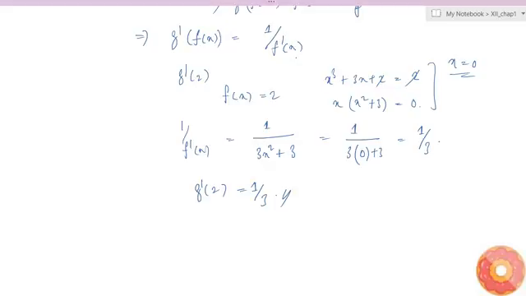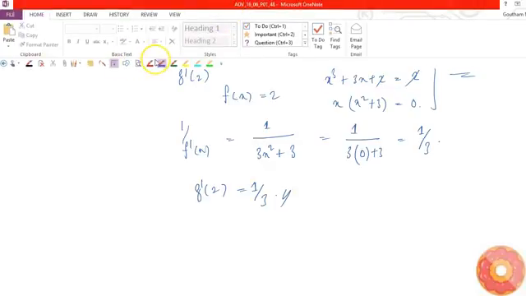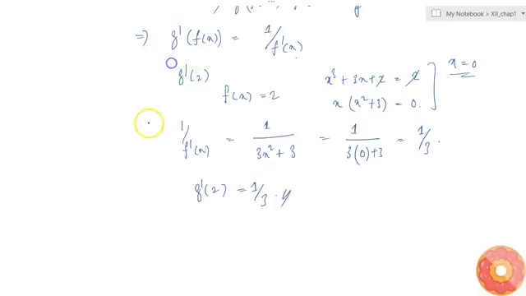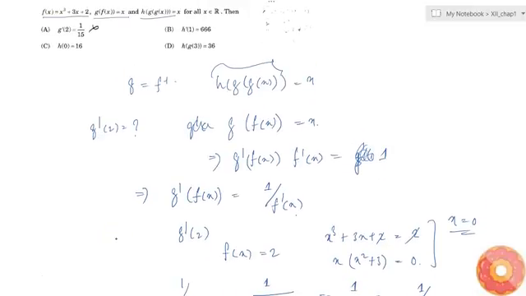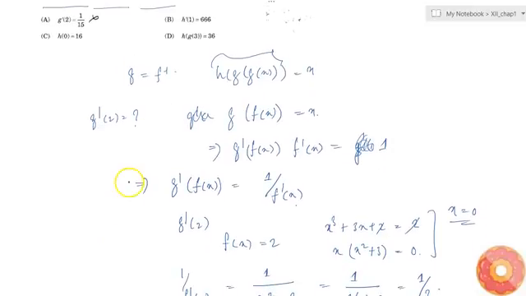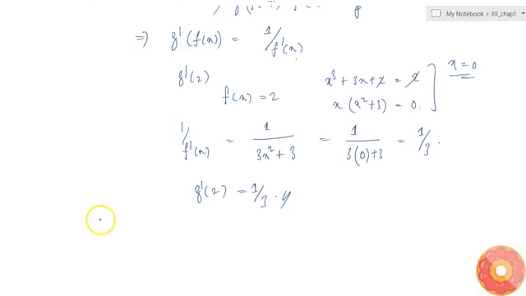Next we are asked about option B, h dash of 1, but before that, let's see h of g of 3. We are asked to find h of g of 3, and we know that h of g of x is equal to x.